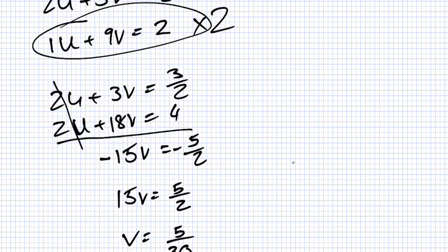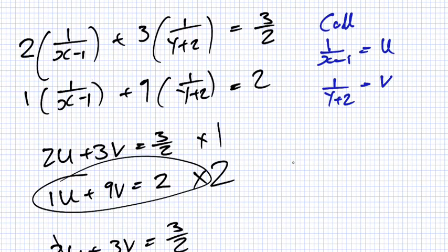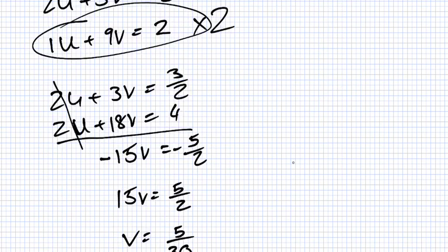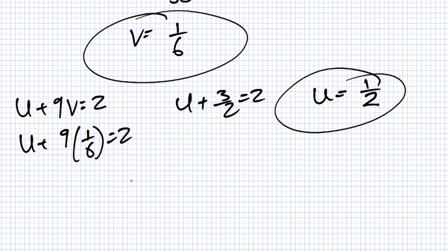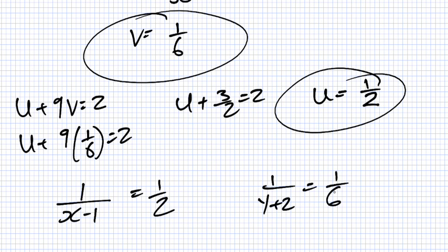But let's remember that we're saying u is 1 over x minus 1 and v is 1 over y plus 2. So really I'm saying 1 over x minus 1 is 1 over 2, and also 1 over y plus 2 equals 1 over 6.